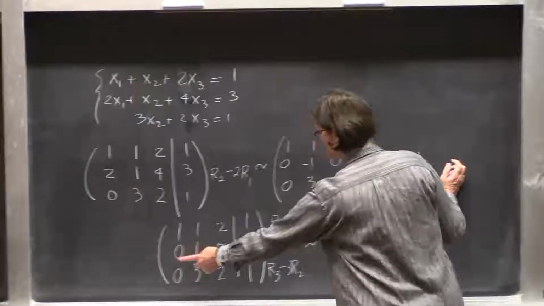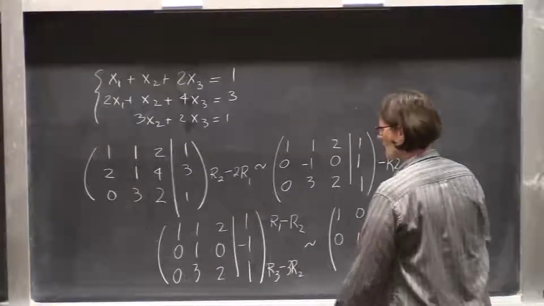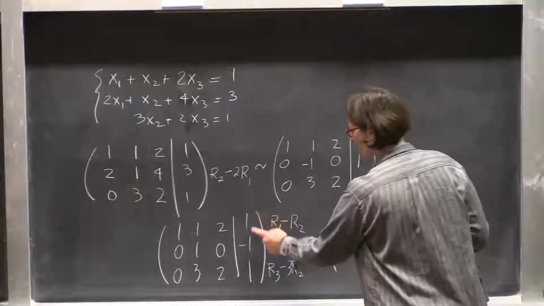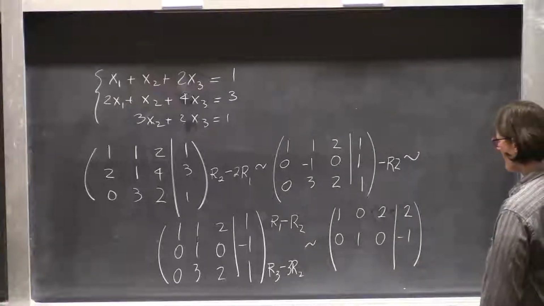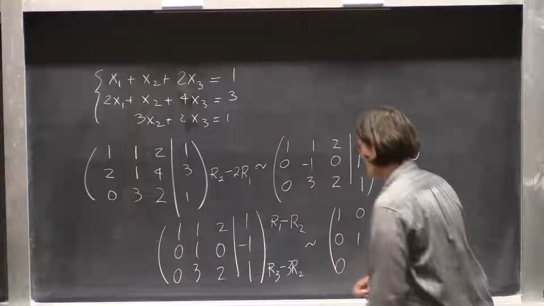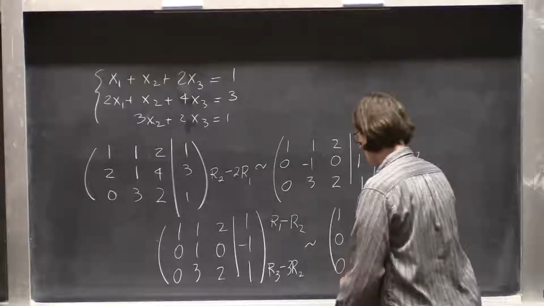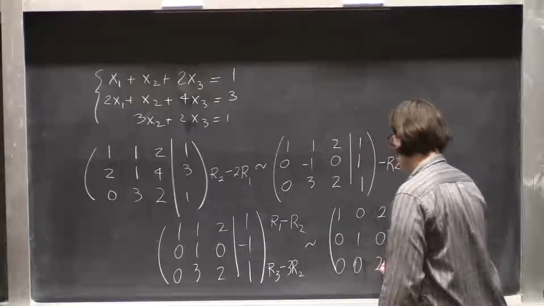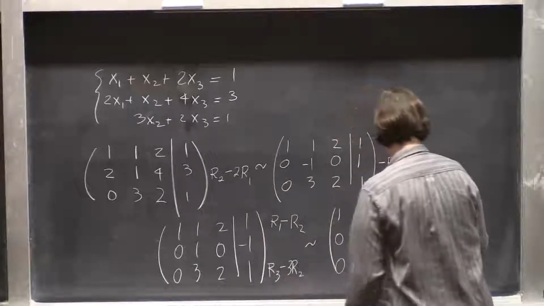This minus this is 1. This minus this is 0 by construction. This minus this is 2. This minus this is 2. This minus 3 of that is 0. This minus 3 of that is 0 by construction, by choice. That's what I wanted. This minus 3 of that is 2. This minus 3 of that is 4.